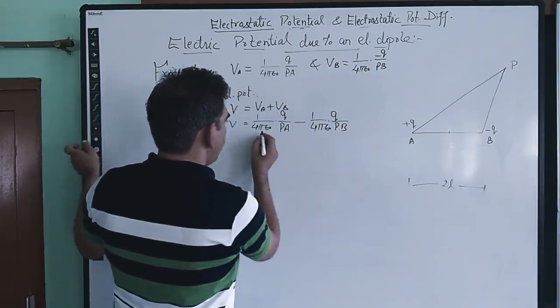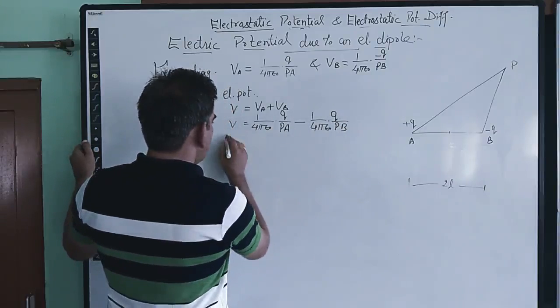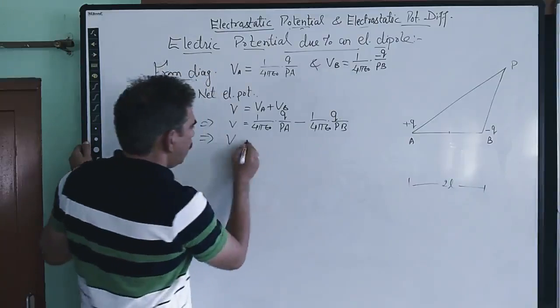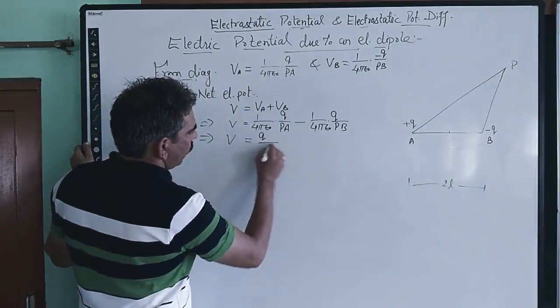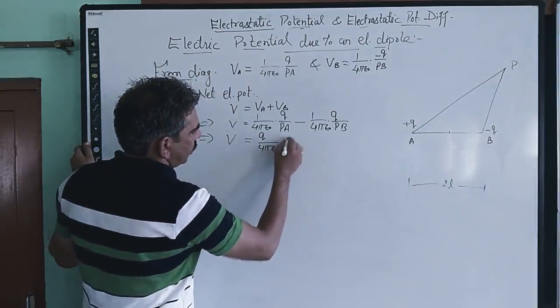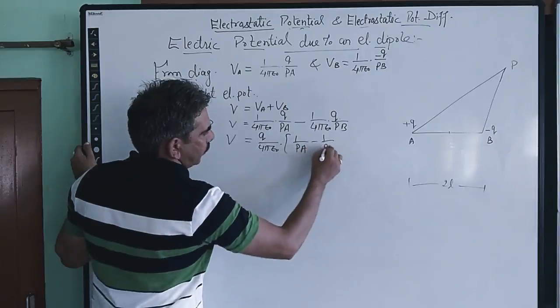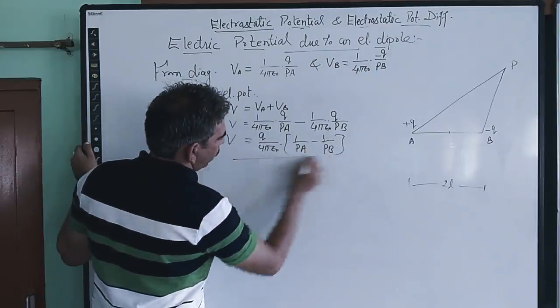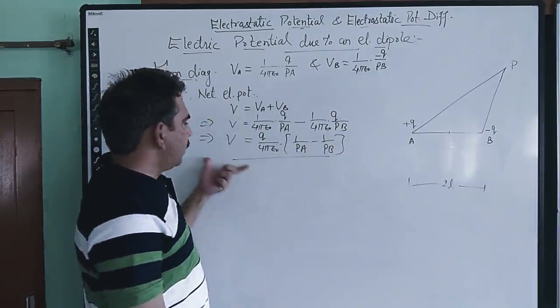From here 1 upon 4 pi epsilon naught and Q come out, so we get the net potential V to be Q upon 4 pi epsilon naught, and inside we are left with 1 upon PA minus 1 upon PB. Now we have to find PA and PB so that we can solve the expression for the electric potential.